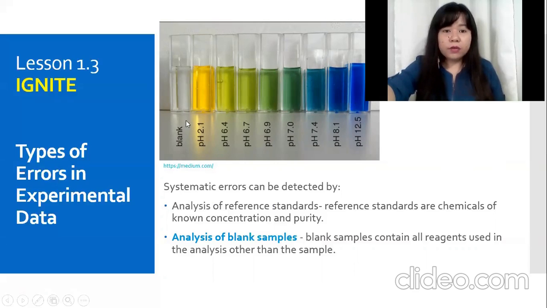But look at this blank solution. The blank solution is supposed to contain the solvent plus all other reagents that have been used to treat the sample. So the blank should contain everything except the sample in the solution.